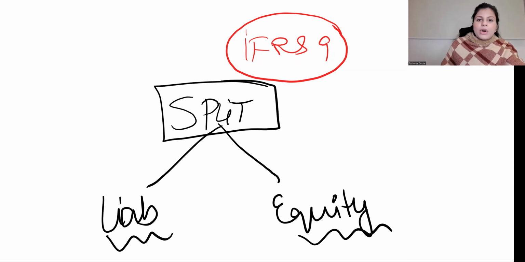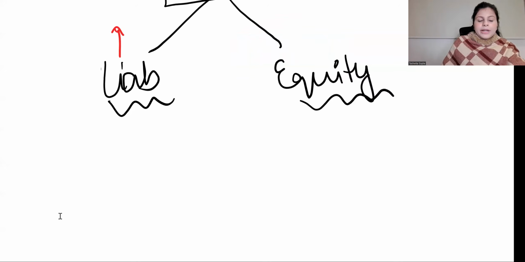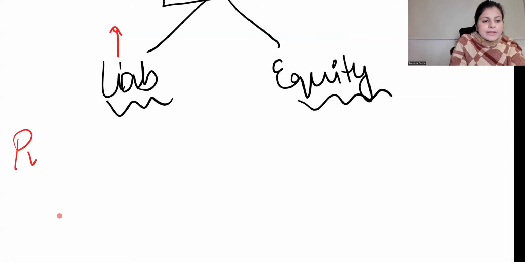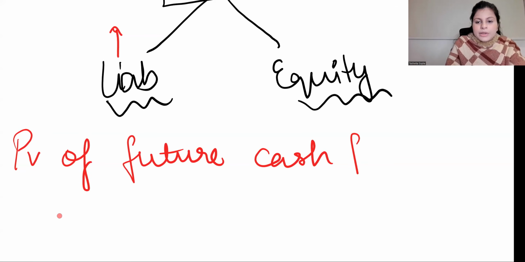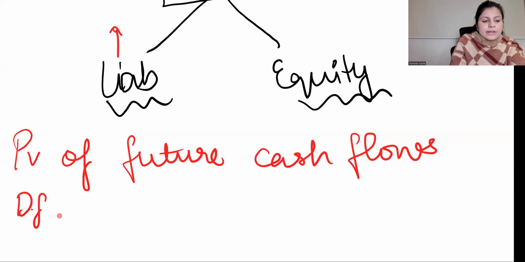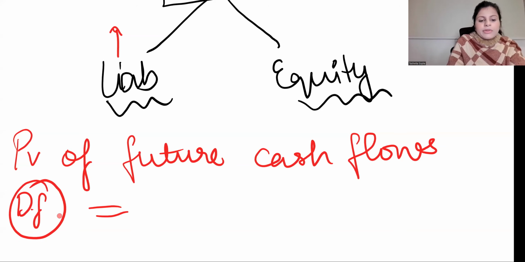So the liability component, how do you calculate it? What's the rule? Theoretical rule. The liability component is calculated as present value of future cash flows, which are discounted. What is the discounting factor for it?